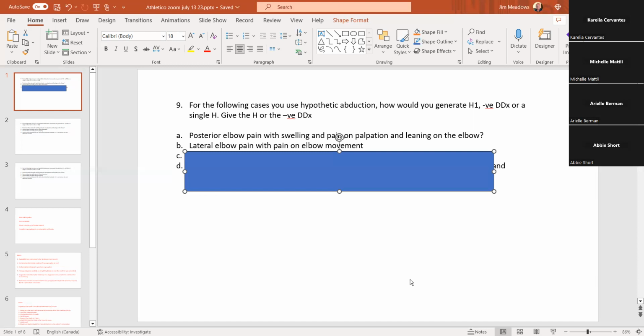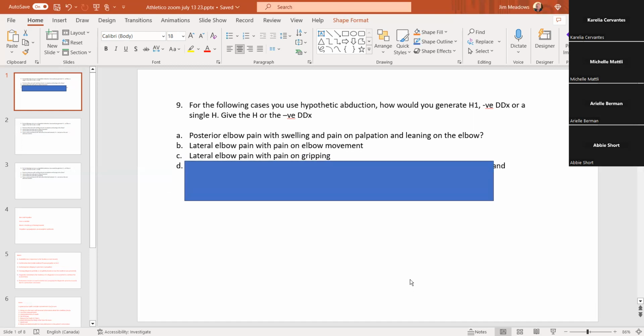I'm not particularly interested in what you generate, but the reasons for the way you generate hypothesis, okay? And that's what you should be interested in. Lateral elbow pain with pain on gripping.